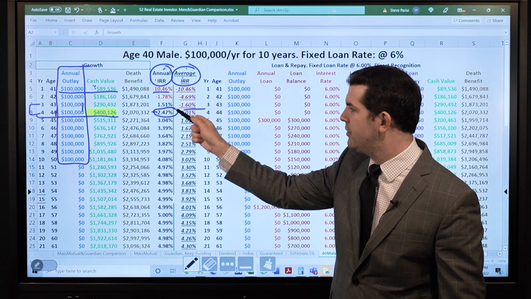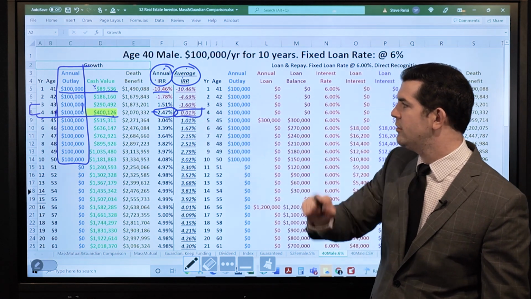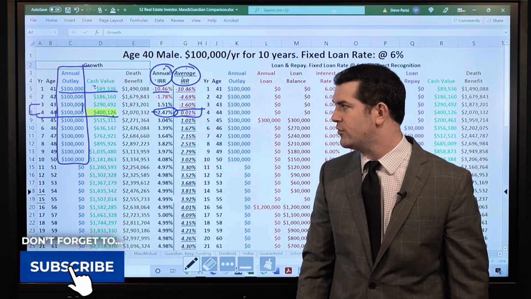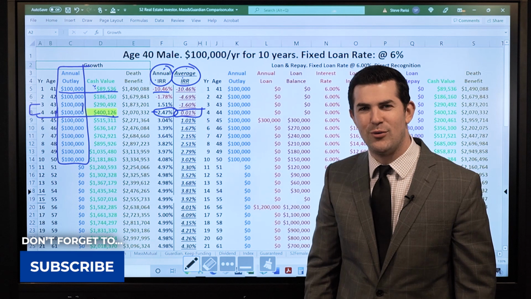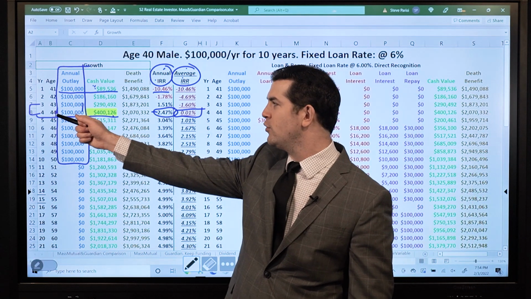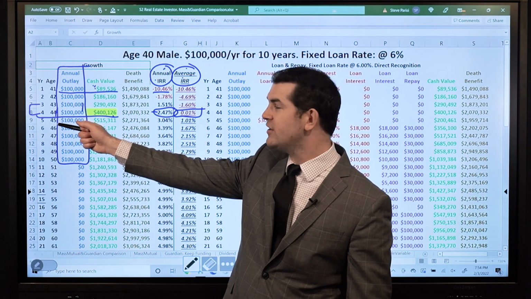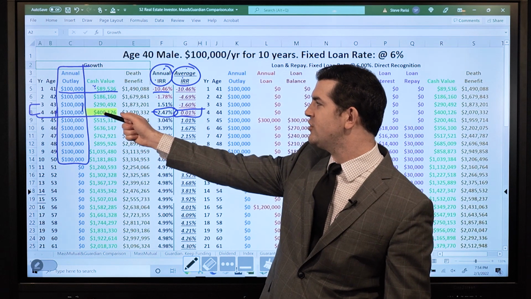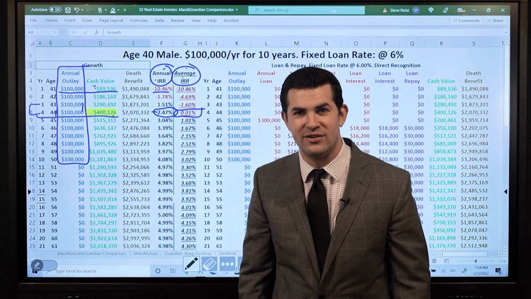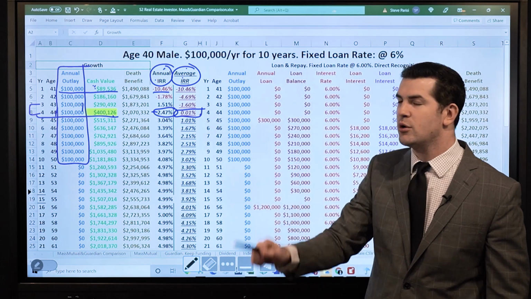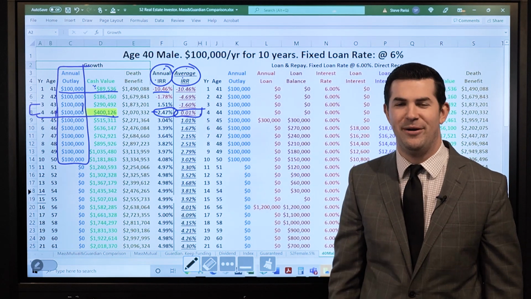If we look at this, the average internal rate of return is 0.01%. Why it's 0.01% is over the course of 4 years, I've paid in $400,000 and I have $400,126. So that $126 is where that 0.01% is being generated from.